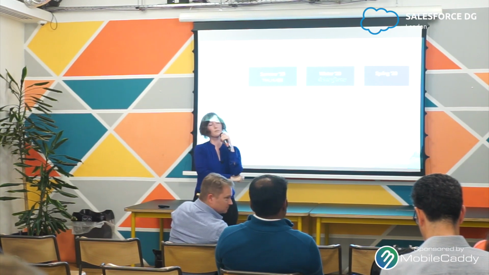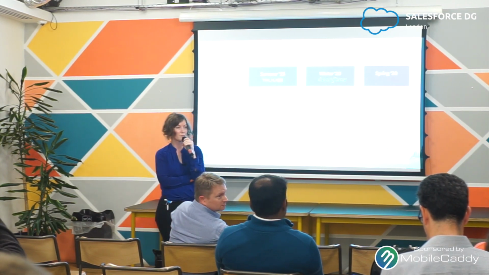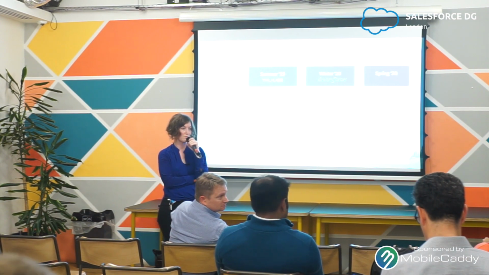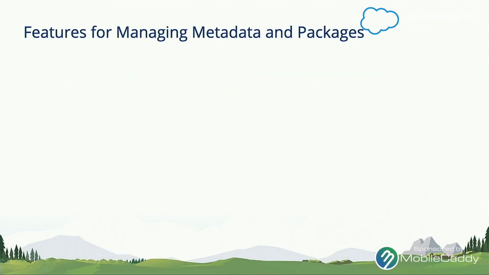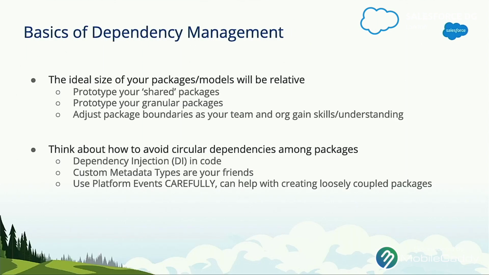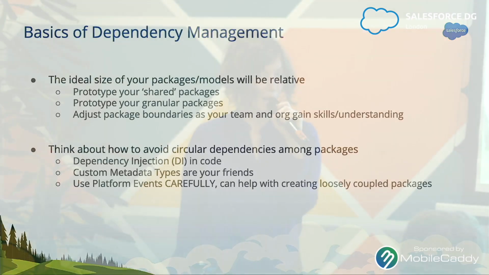You made a comment about using one namespace with this, but isn't there still a strategy, like the stuff at the start, that would make it easy for developers if you still use multiple namespaces, depending on how you break it down? Yeah. Sorry for all the animations here. Custom metadata types are your friends, we already mentioned that they're awesome. This is one way that people have thought about being brilliant to get around that, which is to use platform events, which have limits.